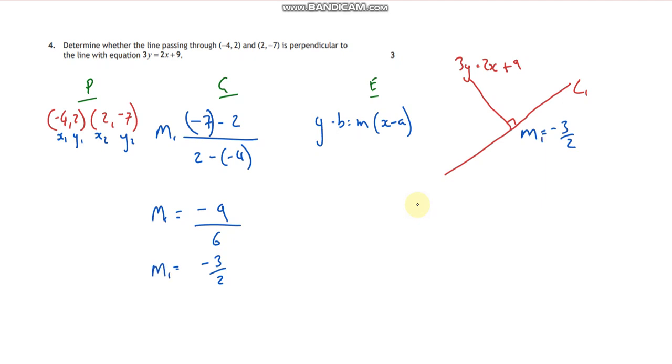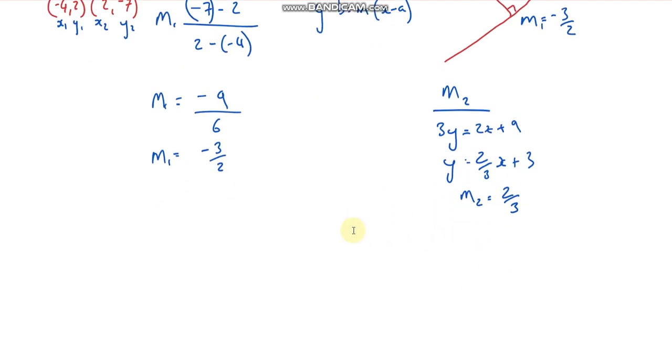And if I go up here, the equation for this one, I don't know how to just lay the working out. Maybe I'll just say m2, do a wee heading, yeah. So you get 3y is 2x plus 9, so y is 2 over 3x plus 3, so the gradient of m2 is 2/3.